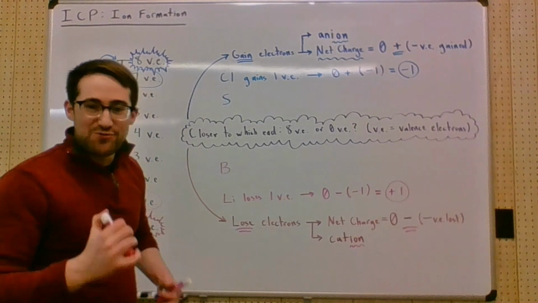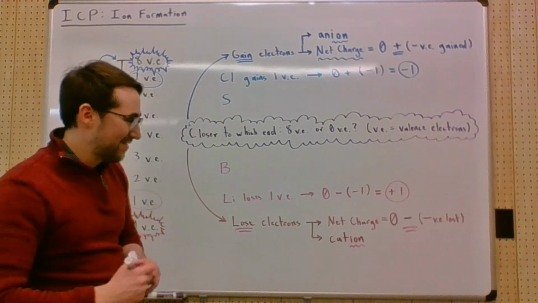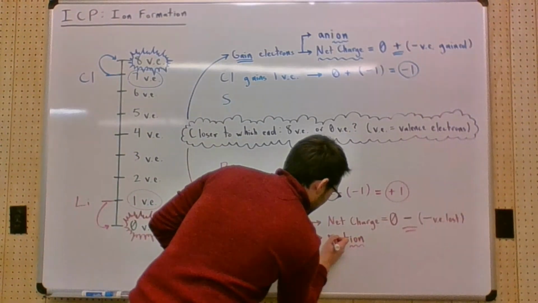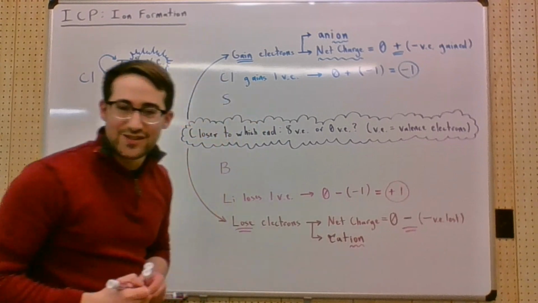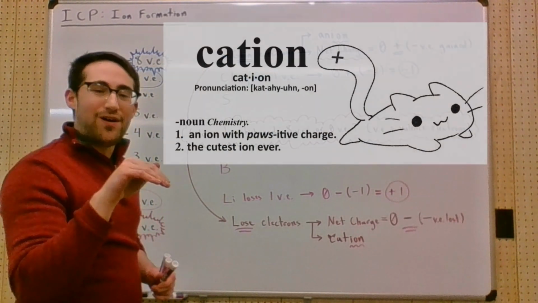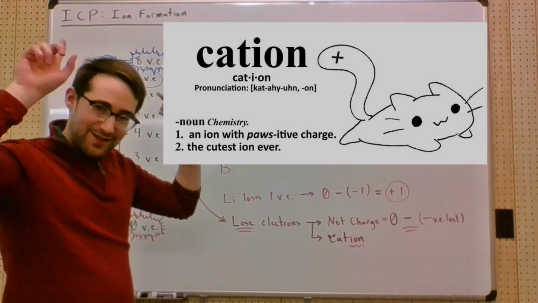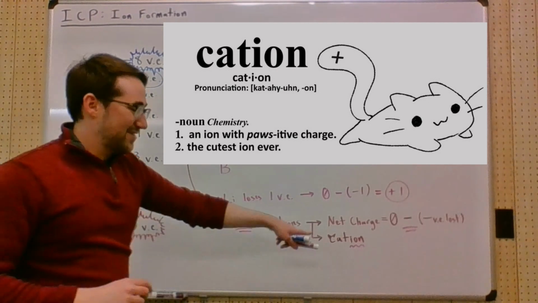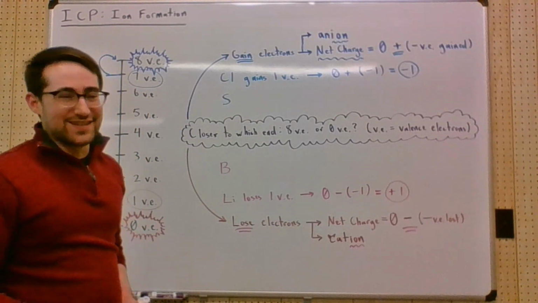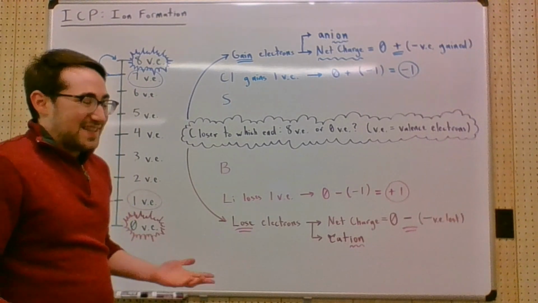If you are trying to keep straight which one is cation, which one's anion, which one's positive, which one's negative, I'm going to put little cat ears on my cation because cations are positive. You know, like a cat has paws, the ears on the C, so it's like a cat. Anyway, so if that helps, great. If it doesn't, you can figure out your own method. It's kind of dumb, but it's easy to remember.